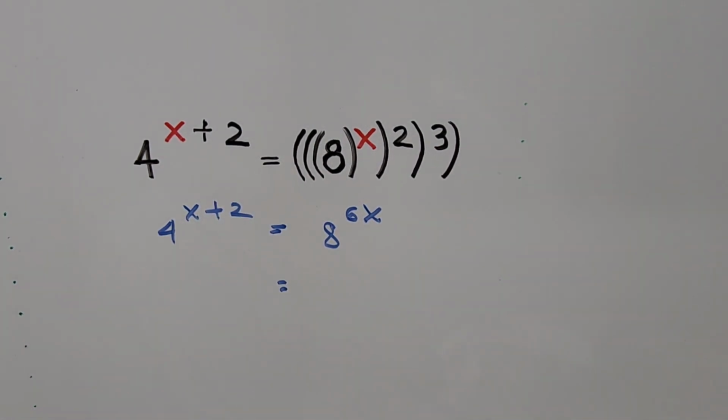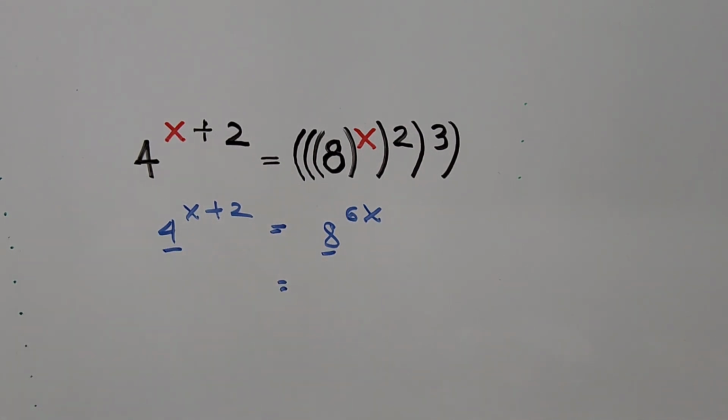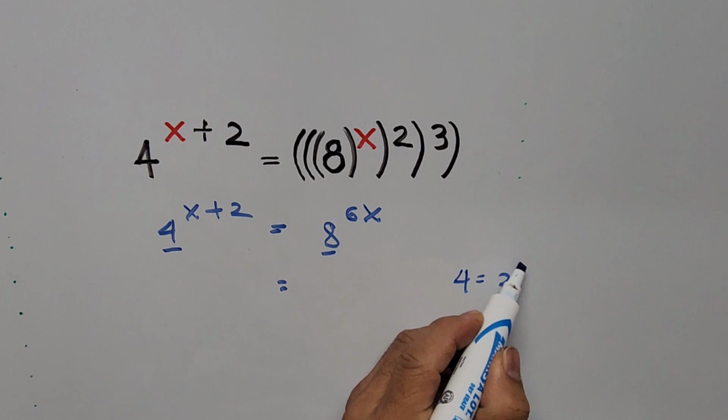And so to solve this kind of equation, we have to convert the base. Since they have just two terms containing the variable x, we need to find a common base for both if that is possible. So in here now, 4 can be written as 2 squared.